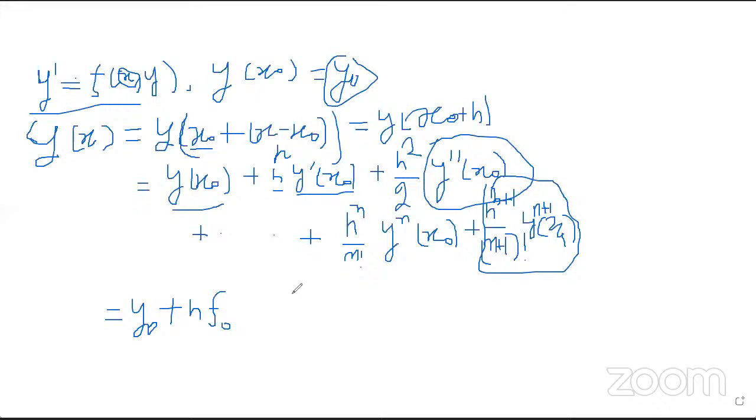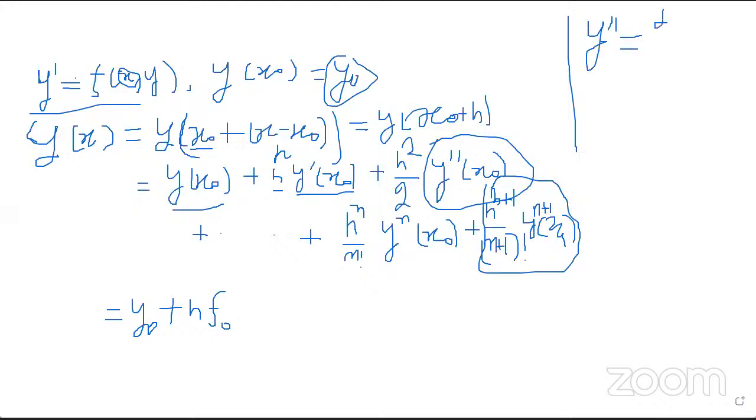H is known, so of course h squared by 2 is also known. So now we are just caring about this y double prime at x naught. So whether it's given, y double prime we can write. Y double prime can be written as, first we will write y double prime x, and then we will replace x by x naught.